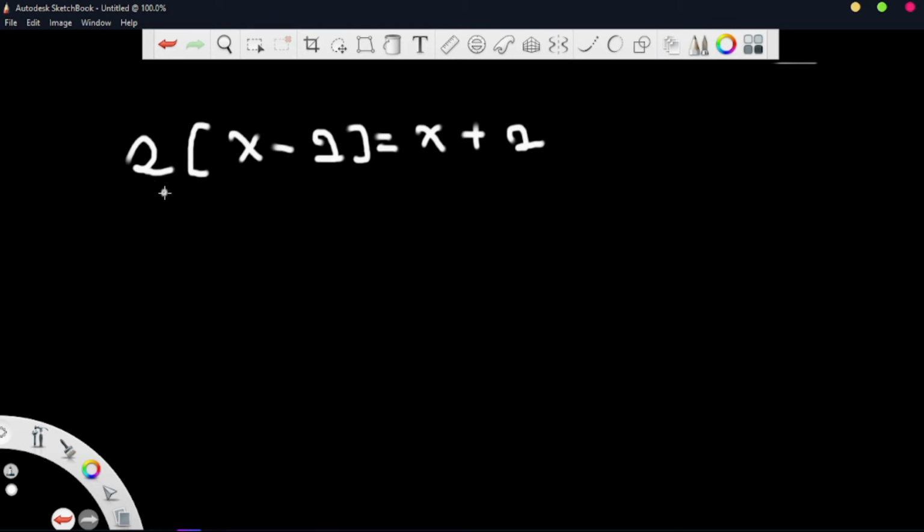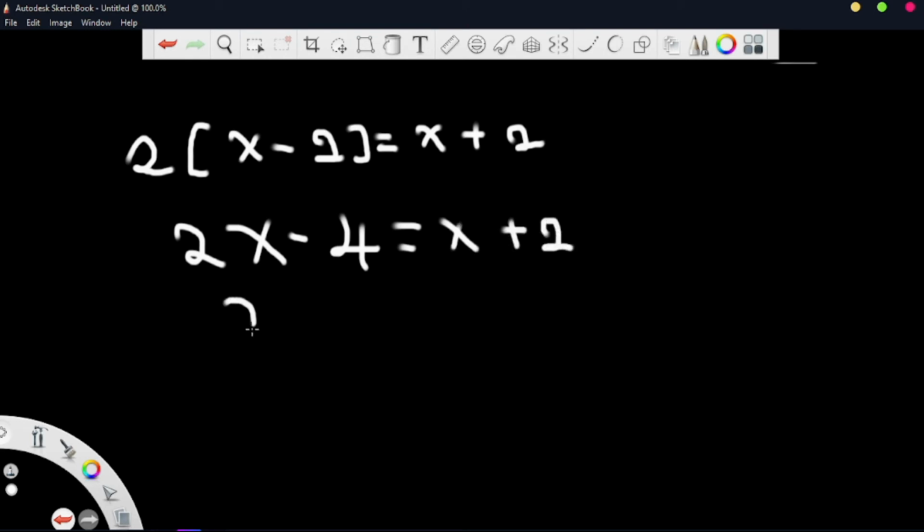My 2 is going to multiply everything that's in the bracket. So I'll have 2 times x, 2x. I'll have 2 times negative 2, which is negative 4. And then all this is equal to x plus 2.